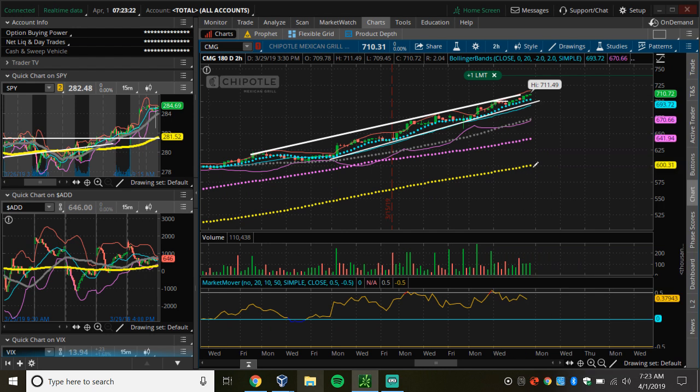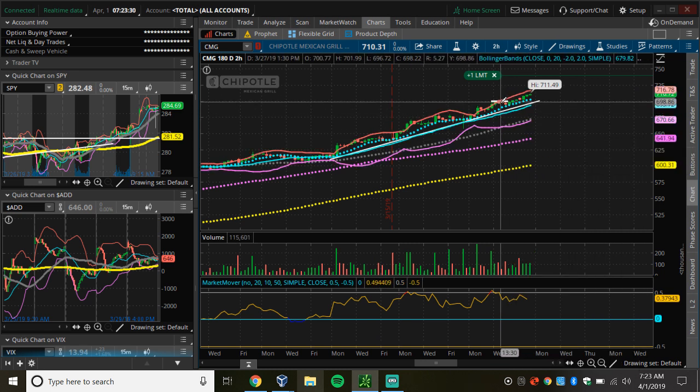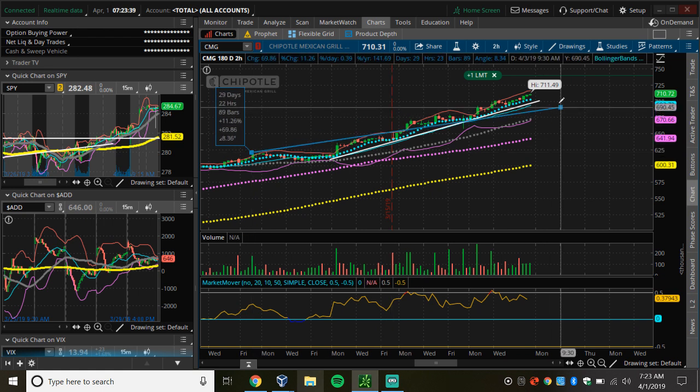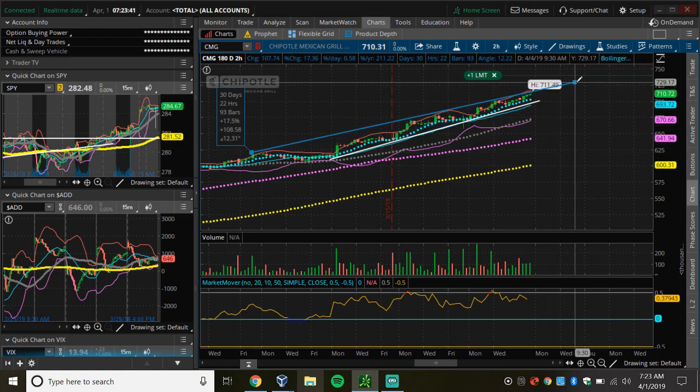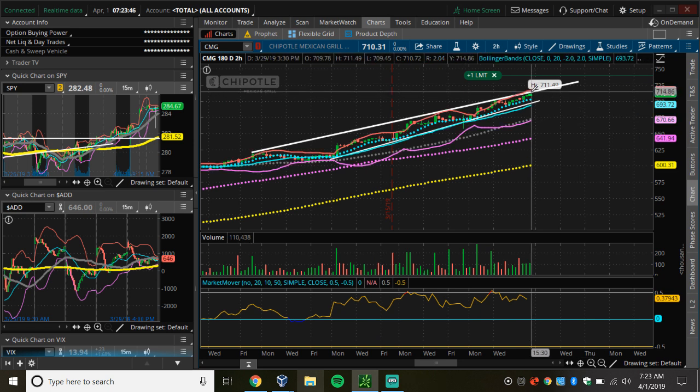Usually at a channel exit, that's a perfect time to load up on some puts. I see this happen a lot, that when things jump out of the channel, they jump right back in pretty soon. So I'm going to redraw that upper trend line. There we go. So 713 is going to put us right on that channel.